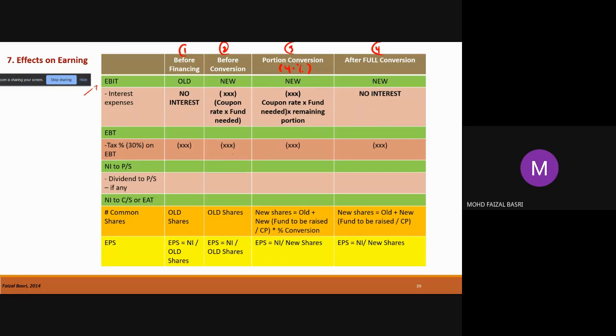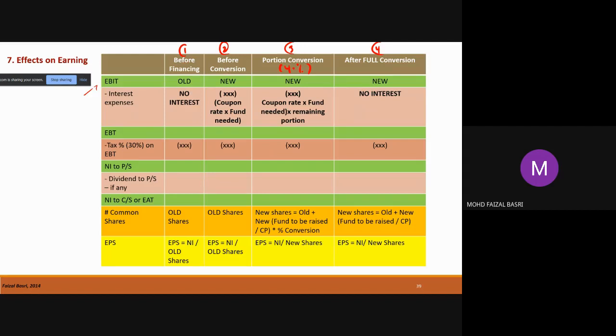And the second effect will be on the interest. Okay, I nak remind you balik how it works. First, before financing, maksudnya dia belum issue any bond yet. So bila dia tak perlu bayar bond, bila dia tak issue bond lagi, so meaning there's no interest needs to be paid. So that's why interest expenses dia kosong, no interest, because it's before issuance of convertible bond, right?